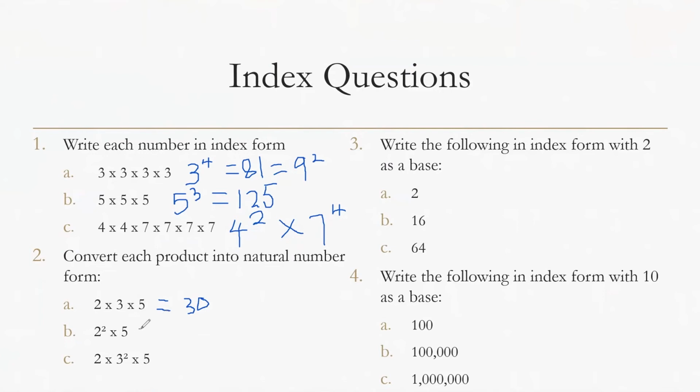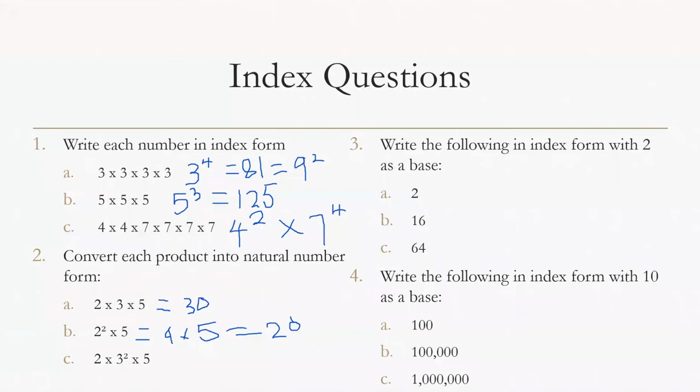B? Jerry? 20. Yes, good, 20. If you want to break it down into steps, it's 4 times 5, which is 20. And then C. Well, 3 people raised their hands.